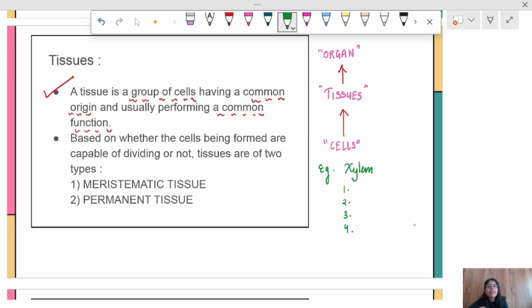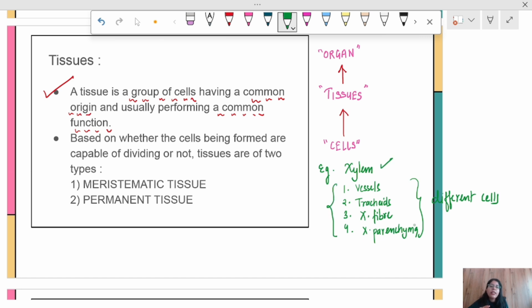Xylem is made up of different types of cells like vessels, tracheids, xylem fiber, and xylem parenchyma. These are four different cells which form this tissue which is called xylem.